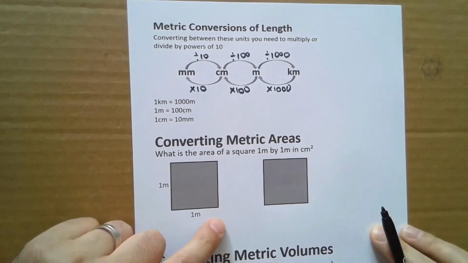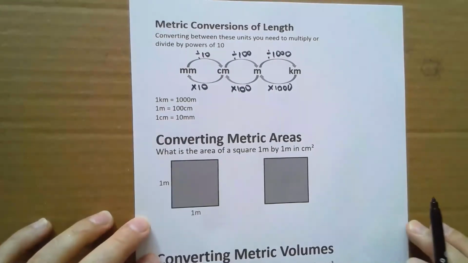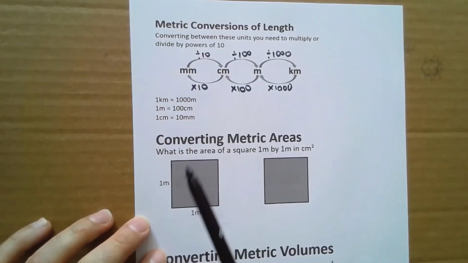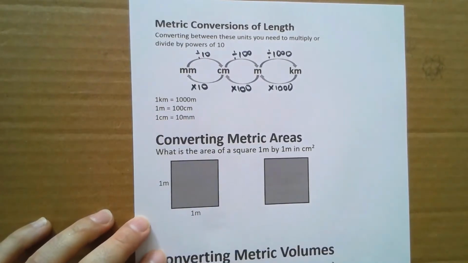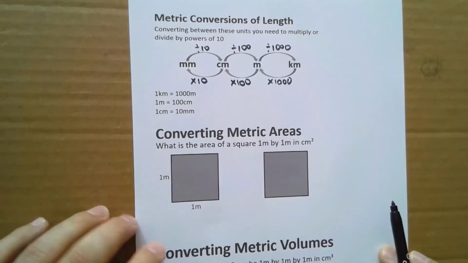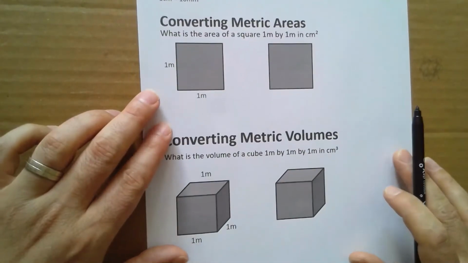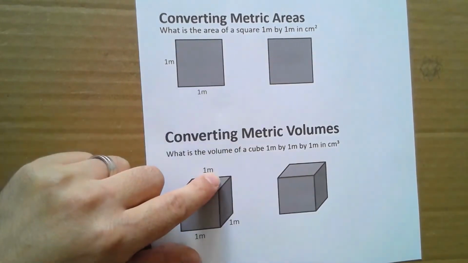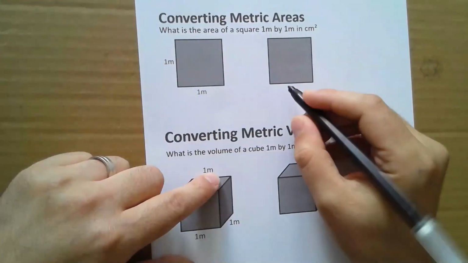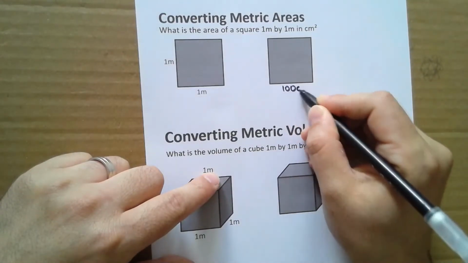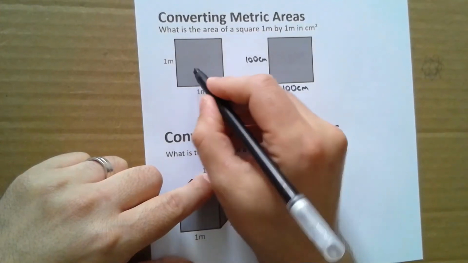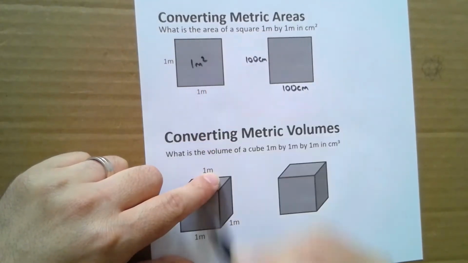Now when it comes to areas, we have to be very careful. It's very easy to get into the habit of thinking about it like you do with length. To demonstrate what I mean, consider a square 1 meter by 1 meter. Converted to centimeters, that is 100 centimeters by 100 centimeters. The area here is 1 by 1, which is 1 meter squared.